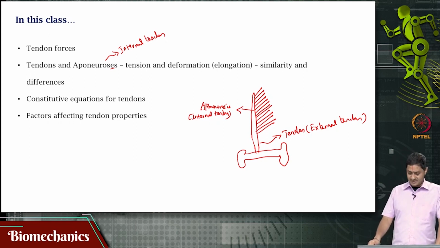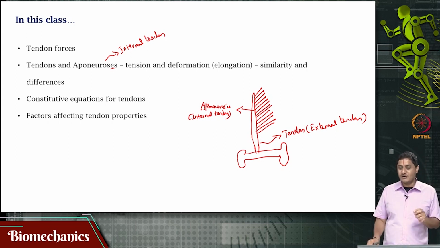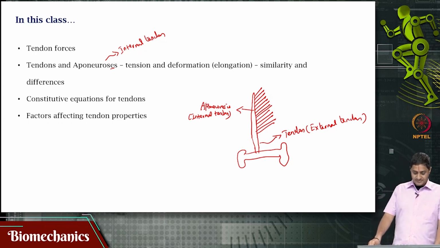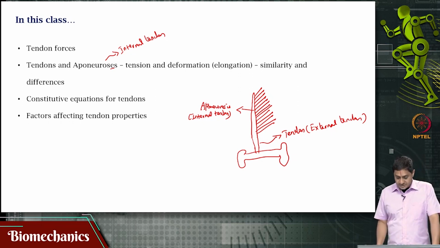That is such an efficient arrangement. You want to have only as much tissue to support the force but not more. A very efficient arrangement. So we will discuss the similarity or dissimilarity between an aponeurosis and tendons in the tension and deformation or elongation.